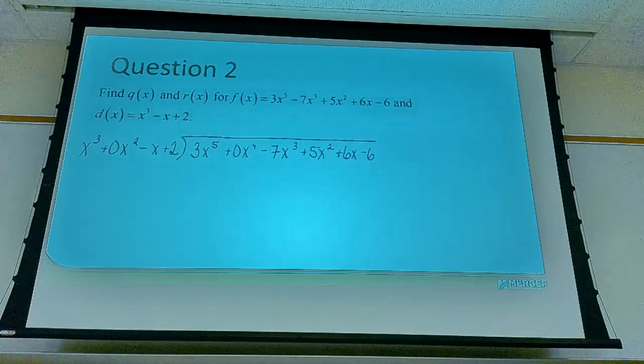What is the leading term of your divisor? x cubed. What do you have to multiply x cubed by to get 3x to the fifth? 3x squared. There's 3x to the fifth.